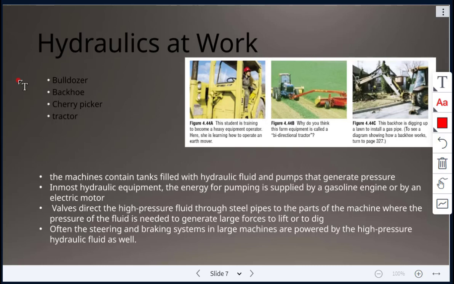Then there are valves that direct the high pressure fluid through steel pipes to the parts of the machine where the pressure of the fluid is needed to generate large forces to lift or dig. And keep in mind, hydraulics is an enclosed system. Often the steering and braking systems in these large machines are also powered by the high pressure hydraulic fluid.